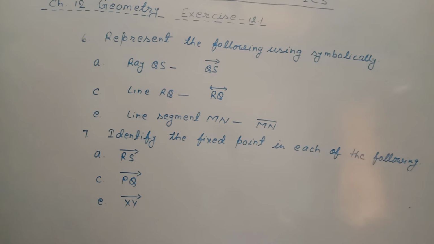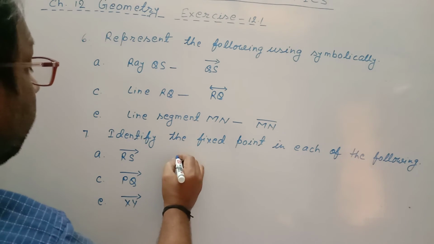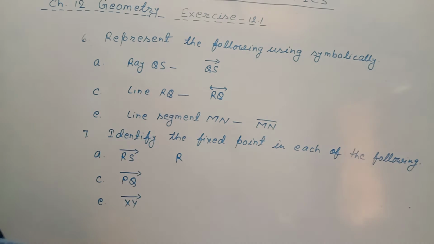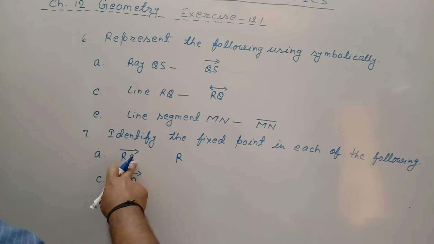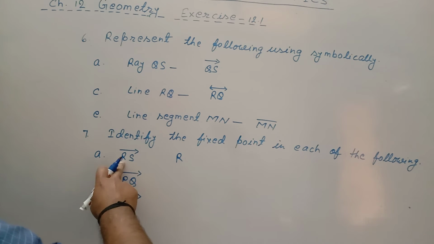In question number 7, identify the fixed point in each of the following. Question number A, RS, upon that one arrowhead is given. So in RS, R is the fixed point because towards S this arrowhead is drawn. So this is continued, but R is fixed.